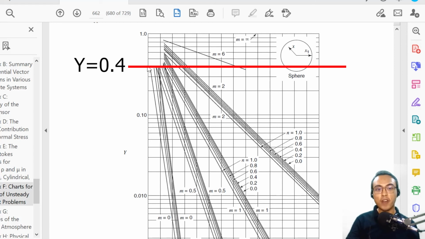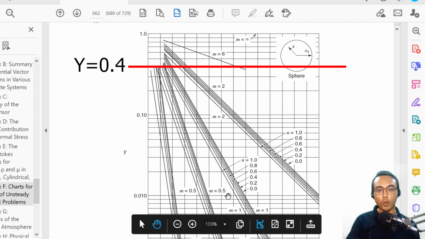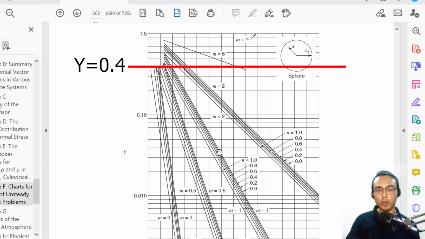Remember that our M value is 1.1. But if you take a look at this graph, there is no 1.1. It's only M equal to 1 or M equal to 2. So you have to choose between these two sets of lines. And of course, 1.1 is closest to 1. So we are going to use the lines for M equal to 1 as an approximation.